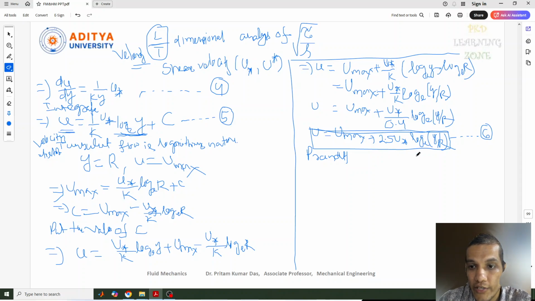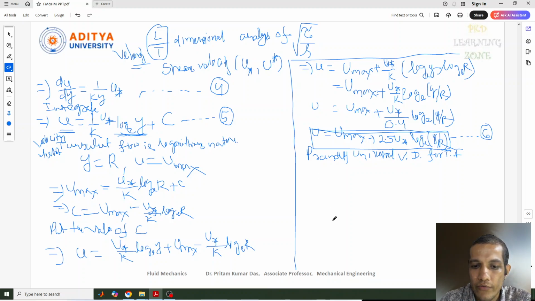Okay, now this equation also varies for different kinds of surfaces. Either it is a rough surface or smooth surface, for that also it will vary. So this one is nothing but Prandtl universal velocity distribution for turbulent flow. Okay, this is all.